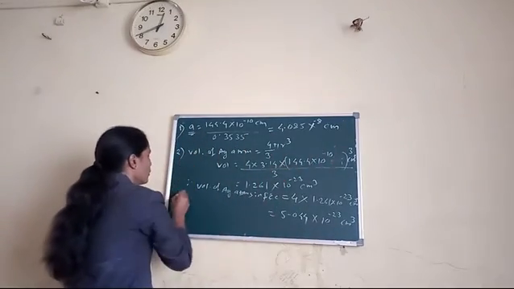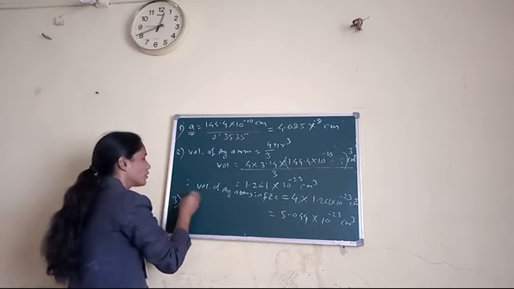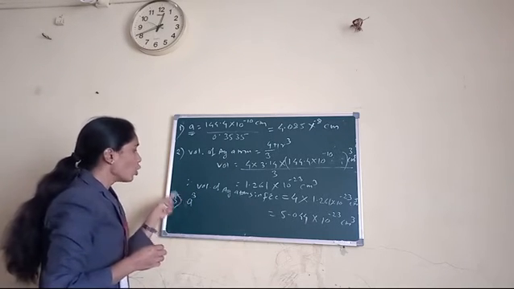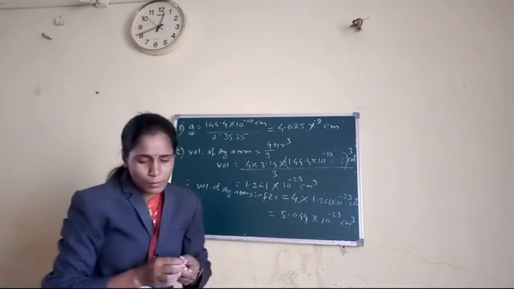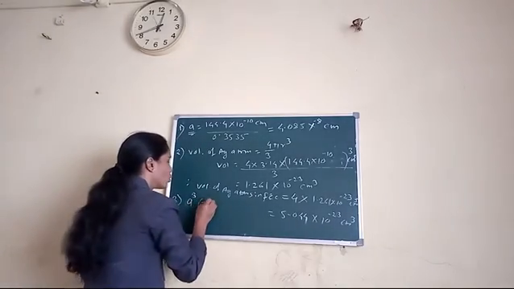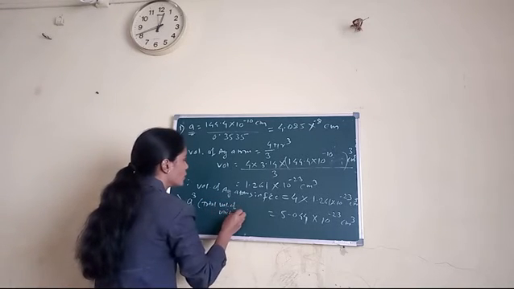Then third calculation, a cube, means volume of whole unit cell, total volume of unit cell.